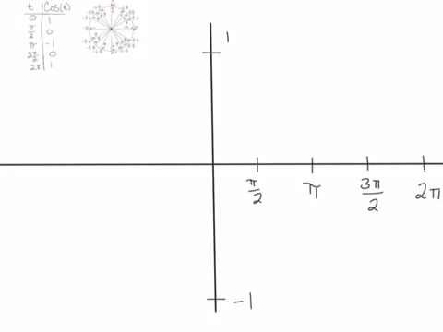Now we can put our points in from our table. I have the point 0, 1, pi over 2, 0, pi, negative 1, 3 pi over 2, 0, and 2 pi up at 1 again.